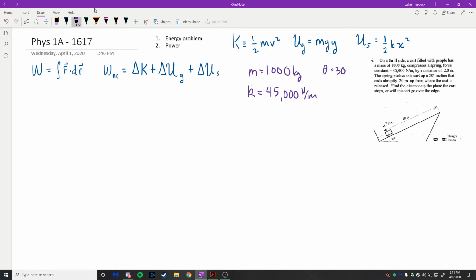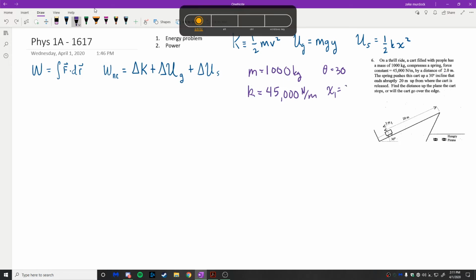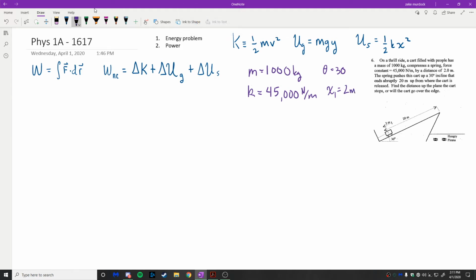And the ramp that it's moving along ends abruptly at 20 meters. We also know that the initial compression, which I'm going to call x sub 1, of our spring is this 2 meters right here. Find the distance up the plane that the cart stops, or will the cart go over the edge?